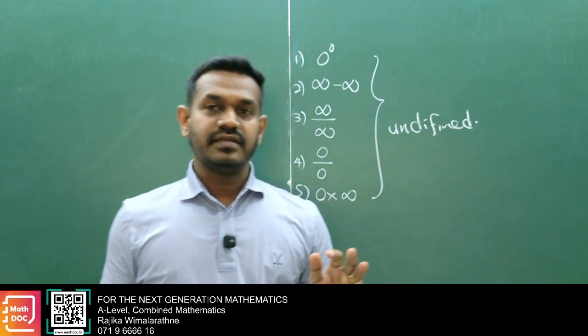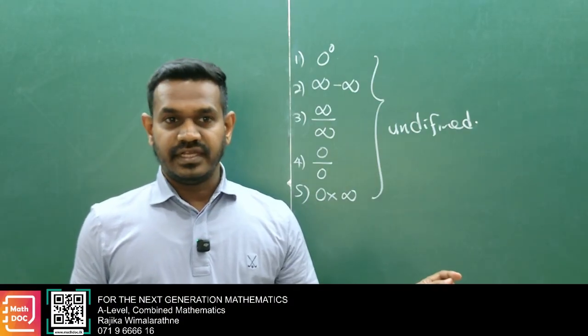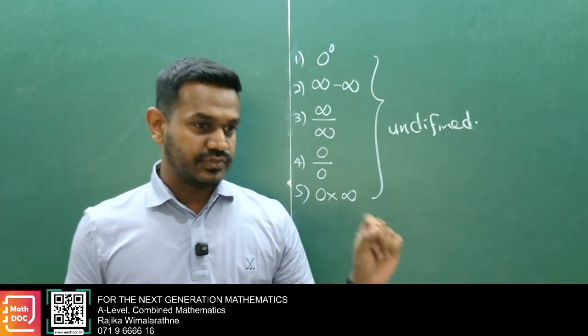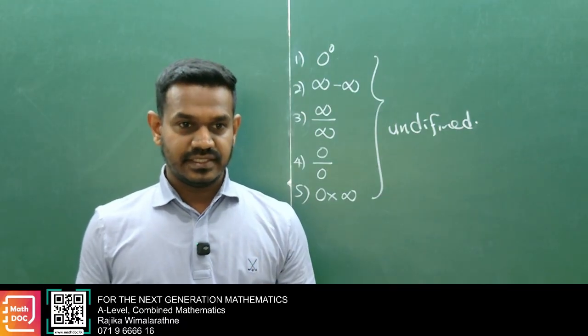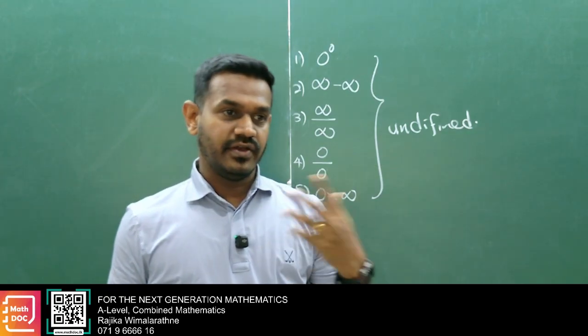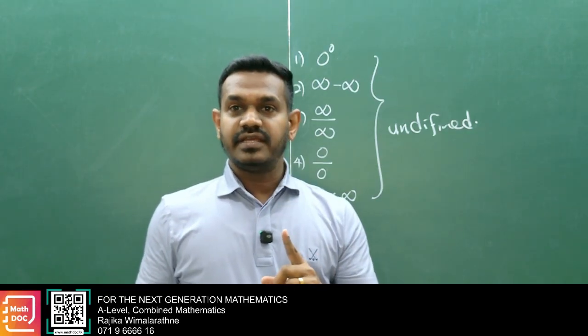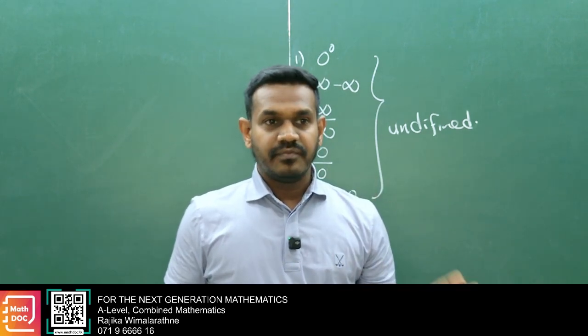Get this idea. Any real value between minus infinity and plus infinity, we take as a solution. Infinity is a possible answer. These are impossible answers. For infinity divided by infinity, we don't know the exact value.